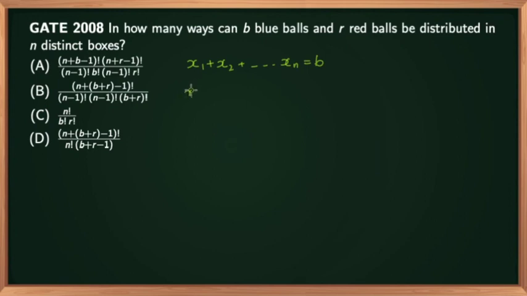So the formula n plus r minus 1 c r minus 1 can be applied here, but we need to note that n is equal to b here and r is equal to n, right? So that becomes n plus b minus 1 c n minus 1, right?